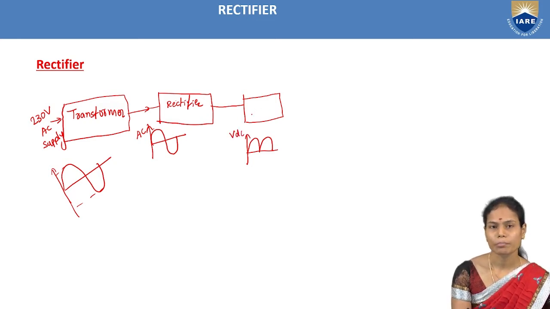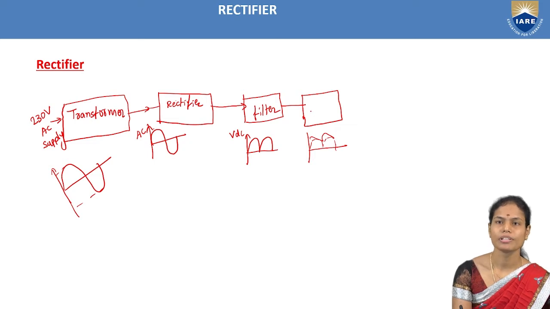Even after performing the rectification process, along with the DC content, some amount of AC content is also present. In order to remove that AC content, we use the filter. A filter is a circuit which is used to remove the AC contents present in the rectifier output. This is the filtered output, and after filtering we give it to the regulator.